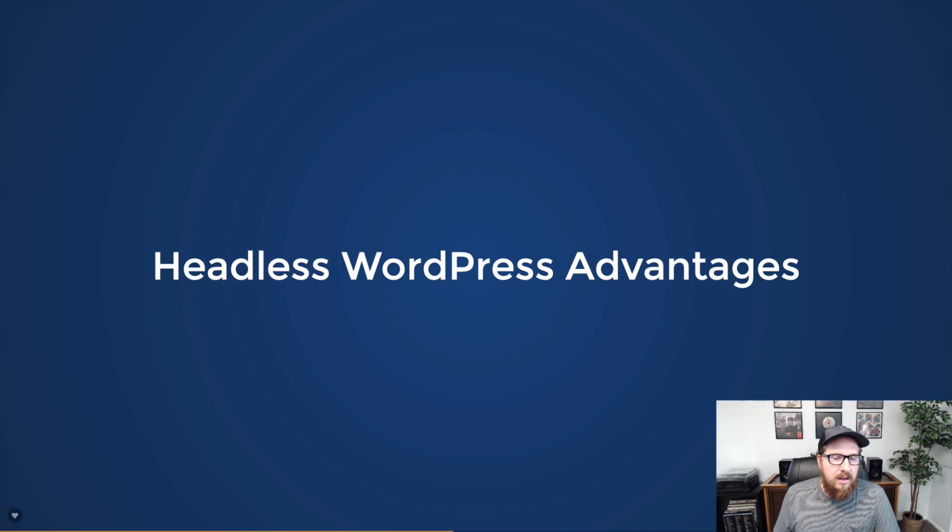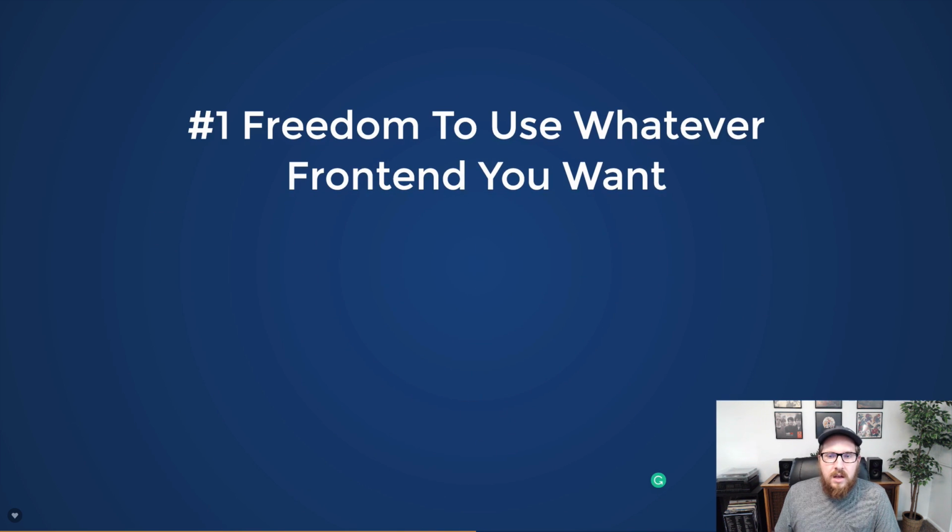So what are some of the advantages to doing it this way? You have the freedom to use whatever you want on the front end. And that's a big thing, is there's lots of front end technologies nowadays that can improve the experience for the user, such as Gatsby, and we'll be getting into that quite a bit here.